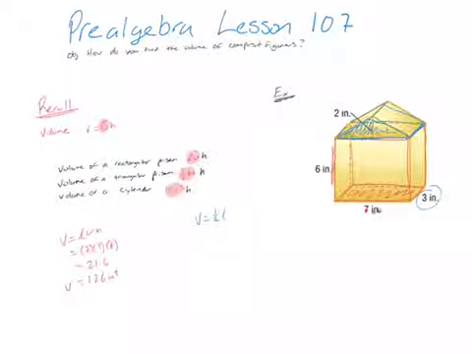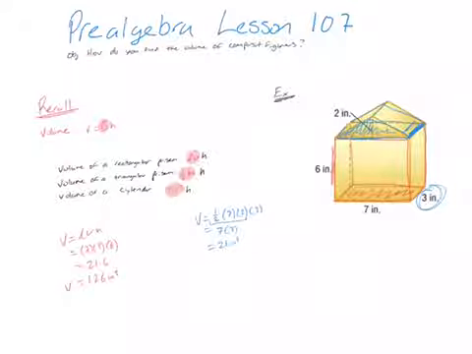This length is the same as this, so it's going to be 7 times 2. And then the height of this prism is the height between the two triangles, so it's going to be 3. So this part right here is going to be 1/2 of 14, which is 7, times 3. 7 times 3 is 21, again, inches cubed.